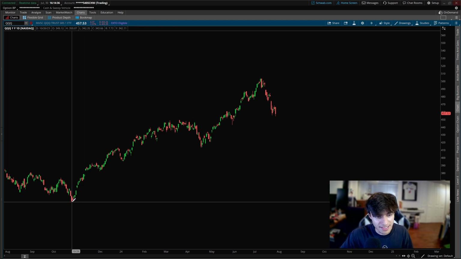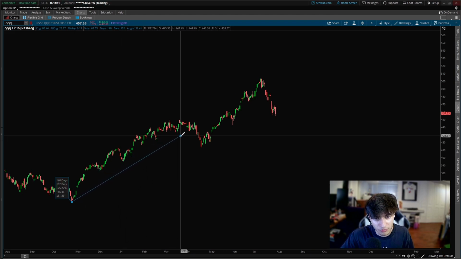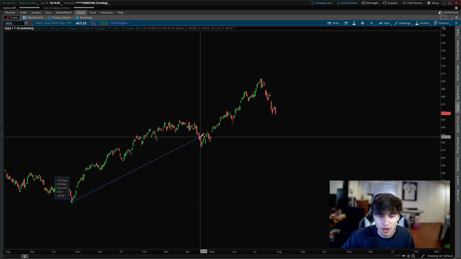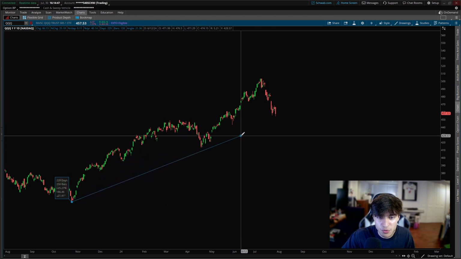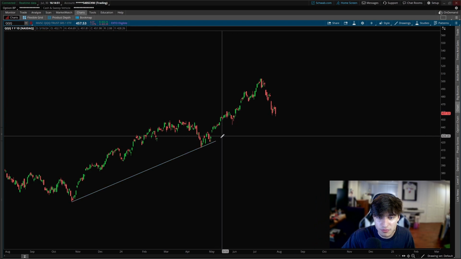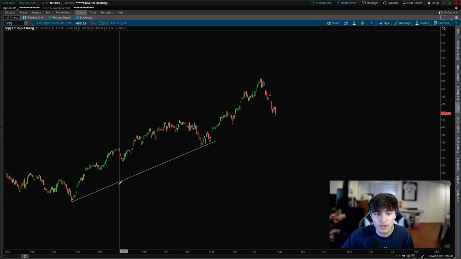You guys are going to identify the low, right? Identify the low. Then as price goes up, comes back down here, this would be one. So like, if we didn't have this information, this would be our trend line right here on the daily chart.